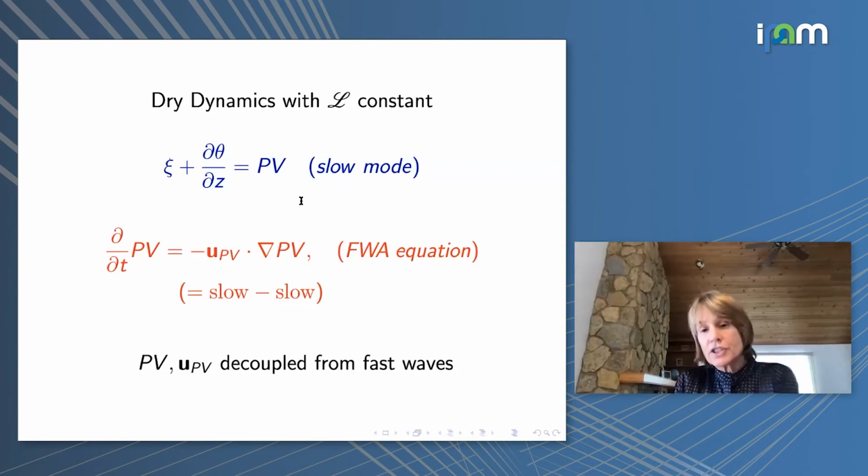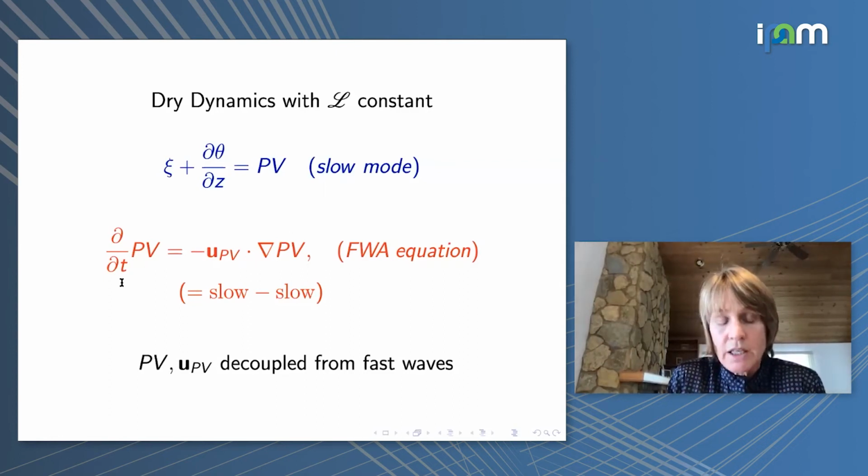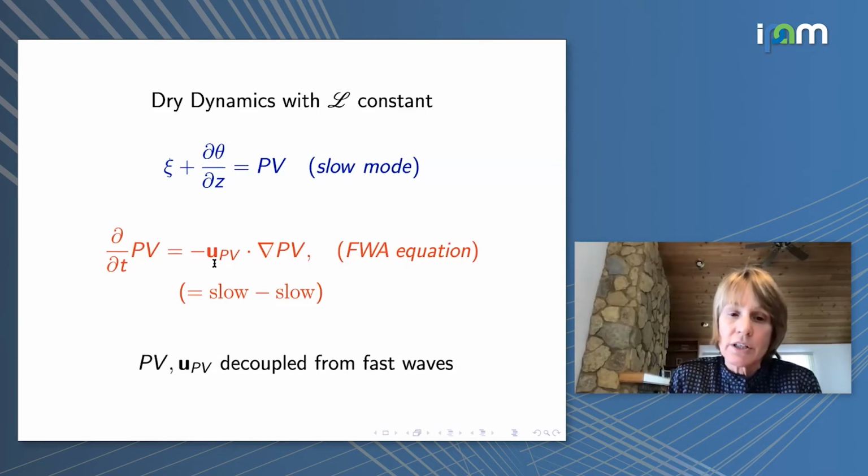The fast wave averaging equation, which is here in red, is just the statement that potential vorticity is conserved following fluid parcels. The advection velocity that appears is the slowly varying part of the velocity, here denoted U sub PV. So one can see that in this equation there is only a slow nonlinear interaction, and the equation for the slow PV is completely decoupled from the fast waves. That is the result that Embid and Majda derived rigorously, and that we're going to try to extend.